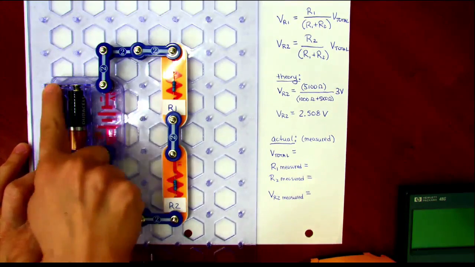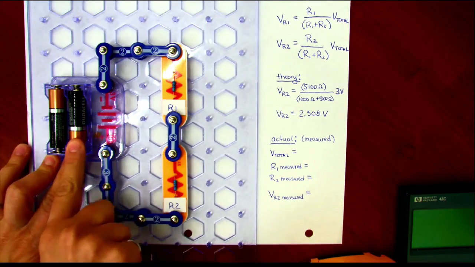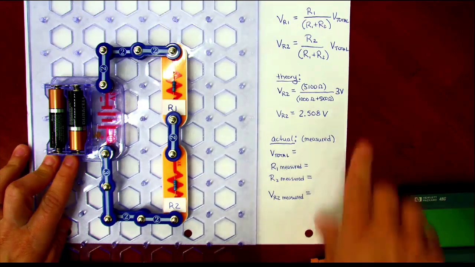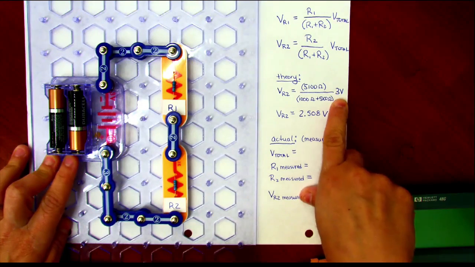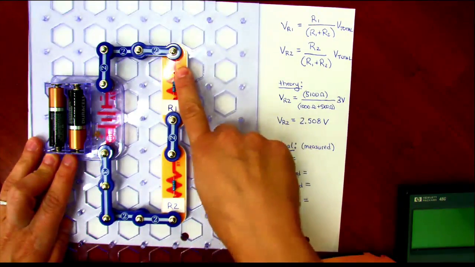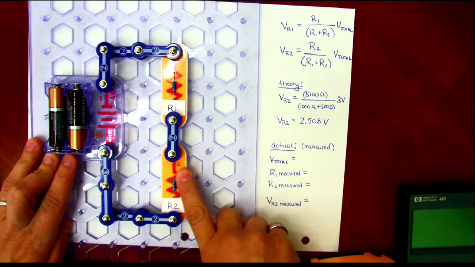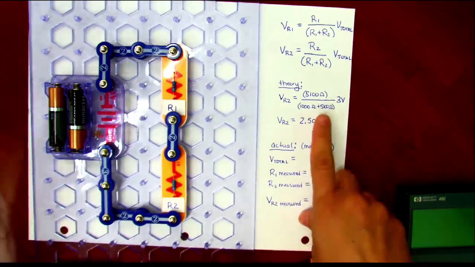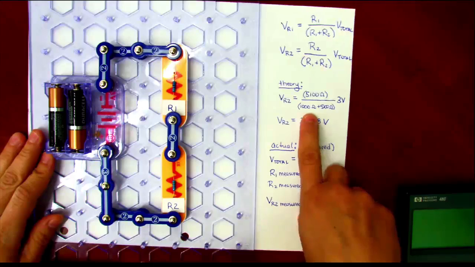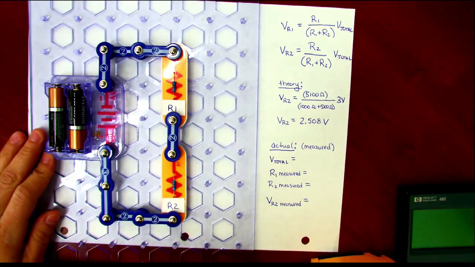In theory, these are 2 1.5 volt batteries in series that add up to 3 volts. So that's our theoretical 3 volts to distribute. We have 2 guys in series here, a 1 kiloohm resistor and a 5.1 kiloohm resistor. Again, this is just theory: 5,100 ohms and 1,000 ohms, and this is R2.